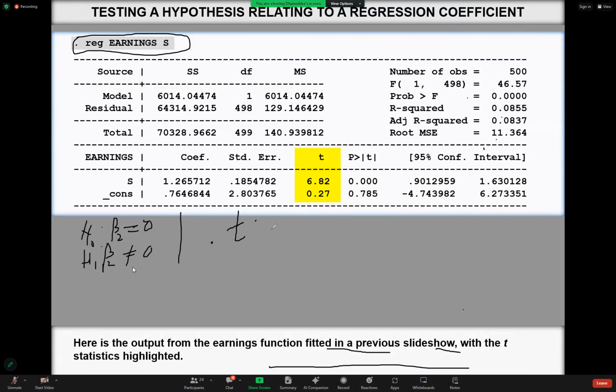Calculate the t value. T value is beta 2 divided by the standard error of beta 2. What is the beta 2 value? 1.2, this value, divided by the standard error.